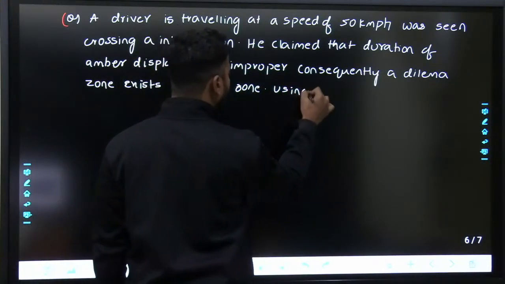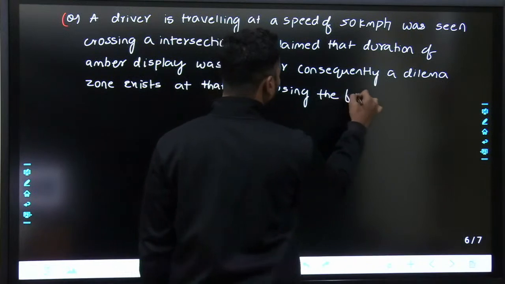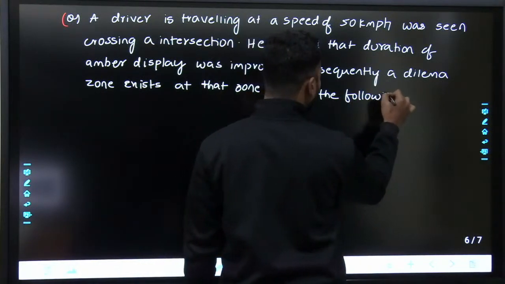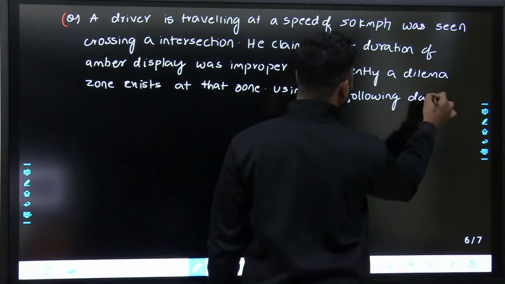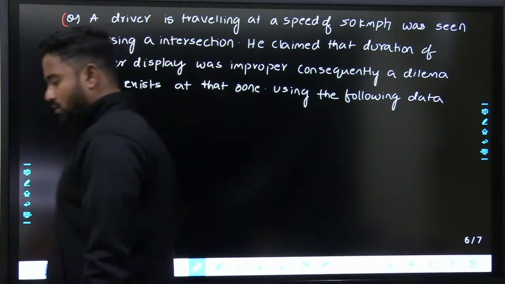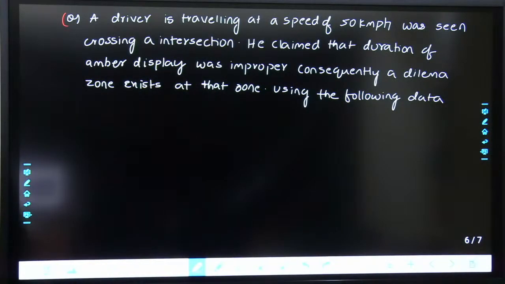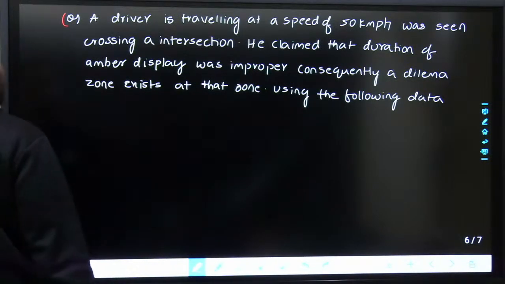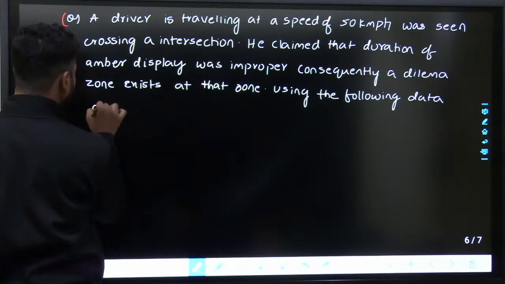Using the following data, determine whether the driver claim was correct or not.